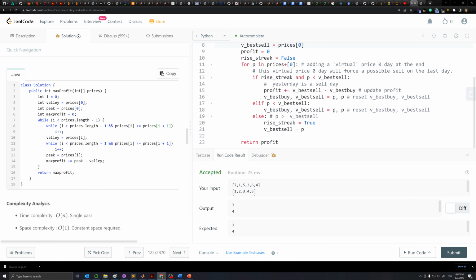I mean, our approach was still pretty intuitive, right? Like we said, we're gonna sweep from the first day on, and then we're going to determine if yesterday is a sell day by looking at two conditions.